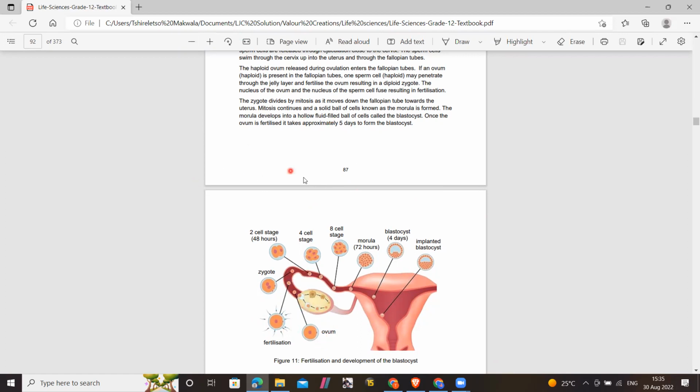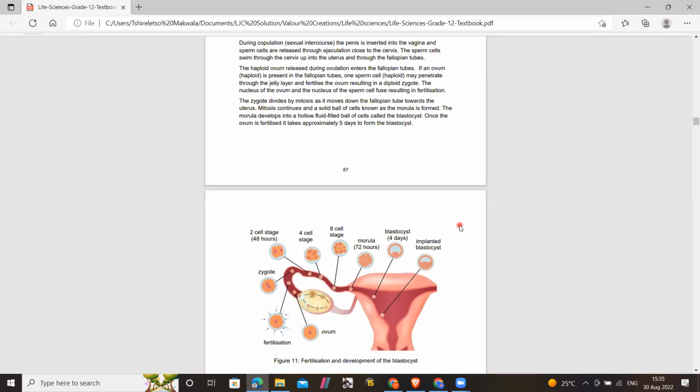After fertilization, the cell becomes a zygote. It's going to divide via a process called mitosis. So basically it's going to grow, and it will produce something called a morula after 72 hours, so after three days. After 4 days, it's going to produce the blastocyte.